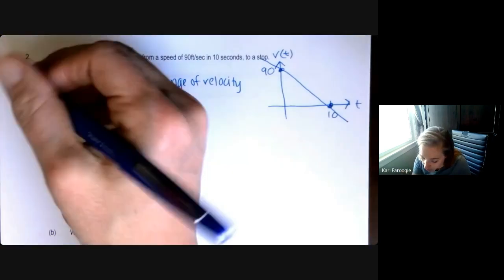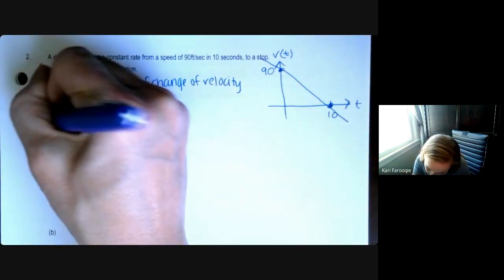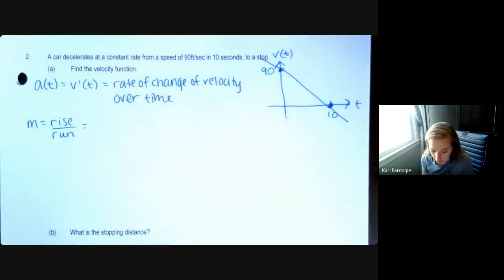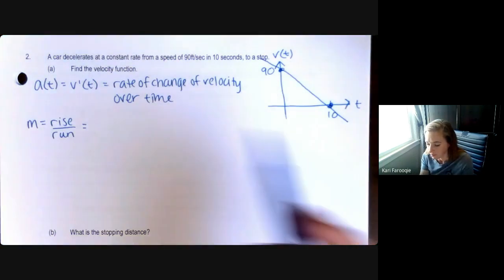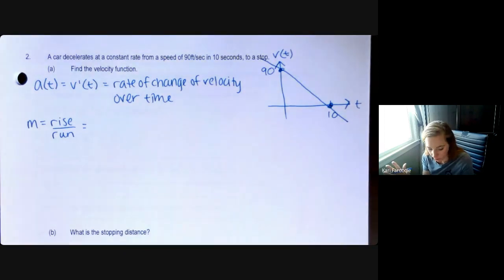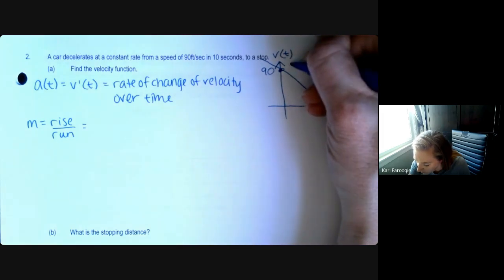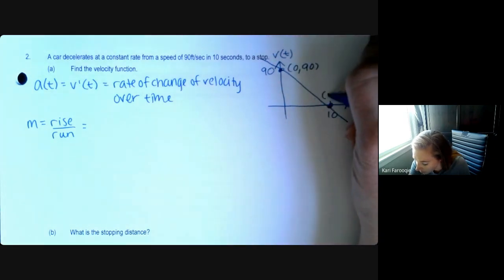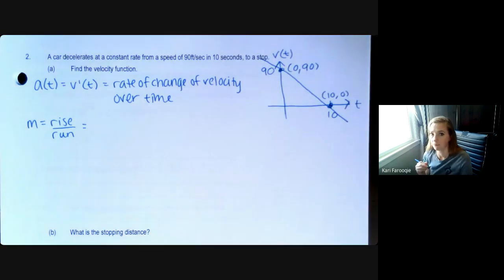The slope is the rise over run, and remember, this is y sub 2 minus y sub 1 over x sub 2 minus x sub 1. You can write this however you want, but basically you have 2 points. The first one is at 0, 90, and the second one is at 10, 0.